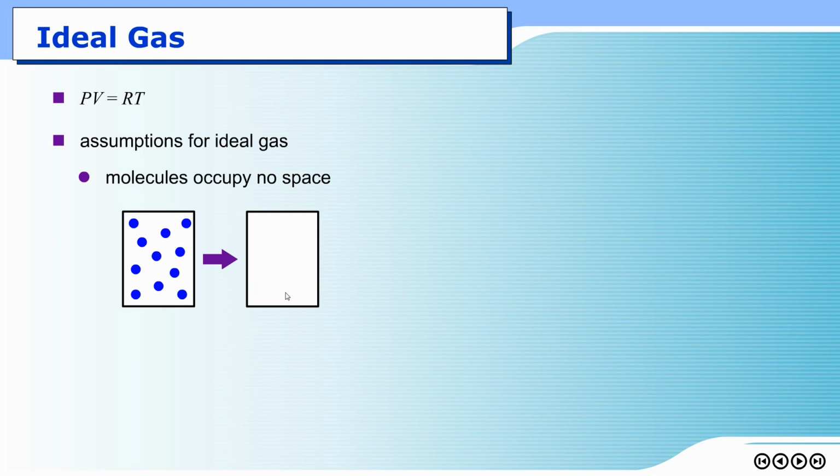So in this case, the volume that we use is the whole volume of the system, and you have to realize that theoretically the volume that we have to put into the relationship is indeed the intermolecular volume. But for the ideal gas law, since we assume that molecules themselves have no volume, the intermolecular volume would be equal to the system volume.